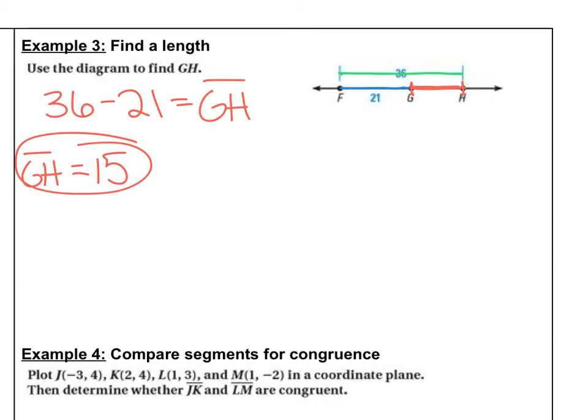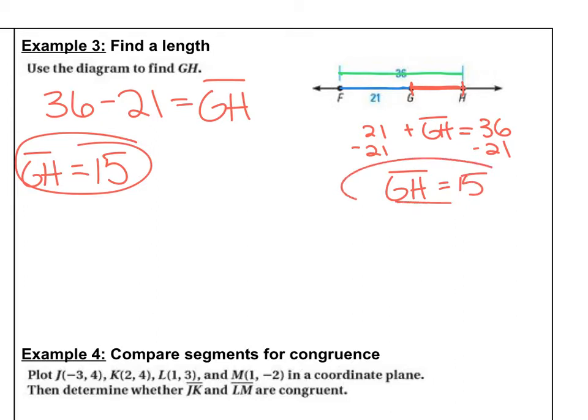If you want to see how the addition part of it would look, you would say something like 21 plus GH is equal to 36. Then you would subtract 21 on both sides, and you would say GH is equal to 15. Either way is fine. This shows the segment addition postulate. This is something we kind of know how to do already. So I'd be quite all right with either way.